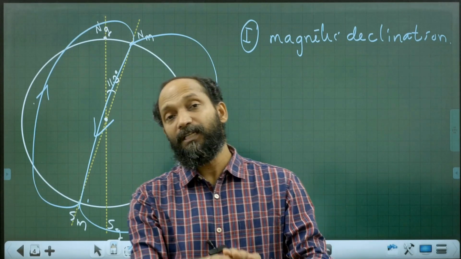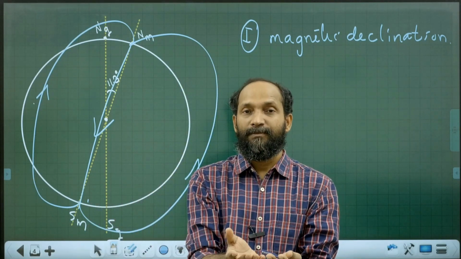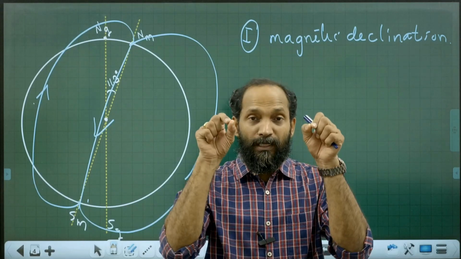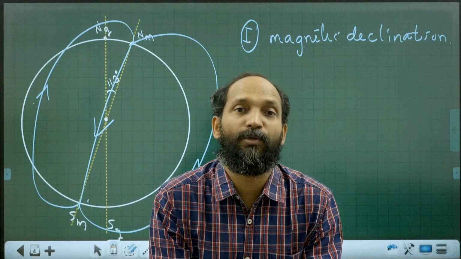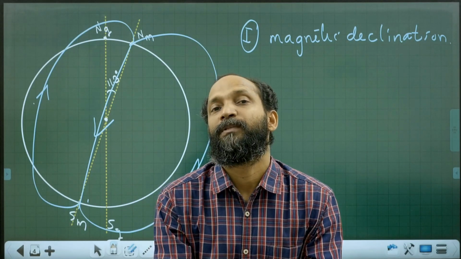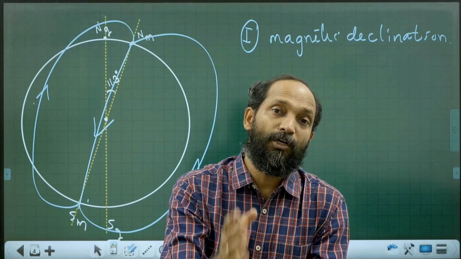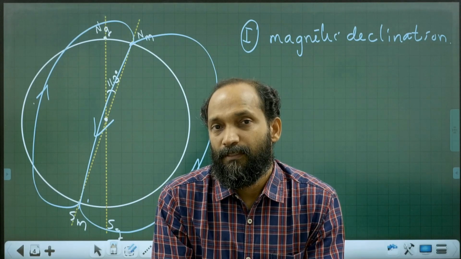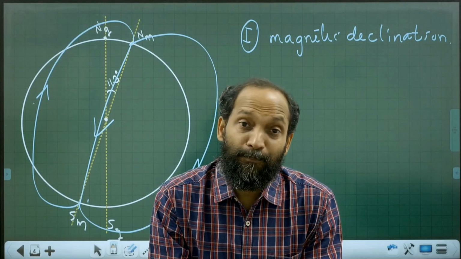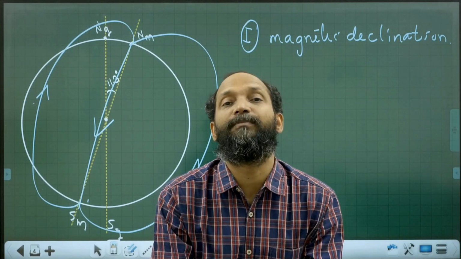At different locations on the surface of Earth, due to its spherical shape and the unequal positions of the geographic pole and magnetic pole, the magnetic meridian and geographic meridian will not be identical. At some places, the geographic meridian will not make any angle with the magnetic meridian.